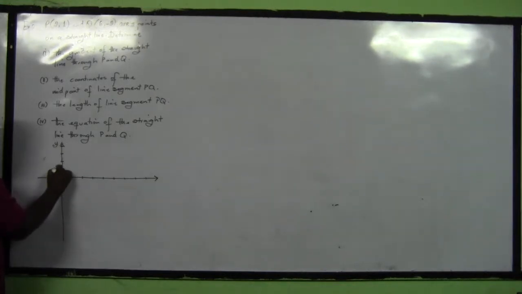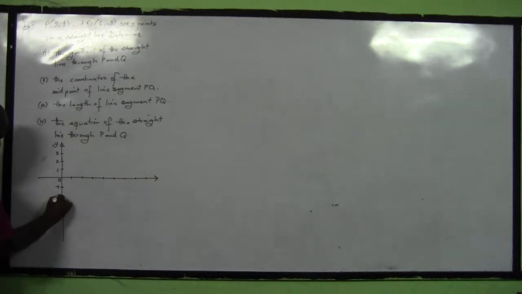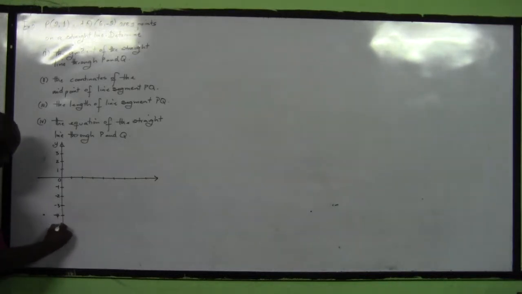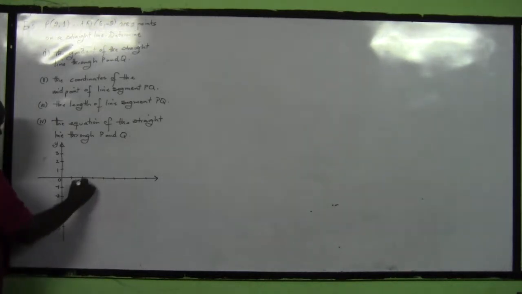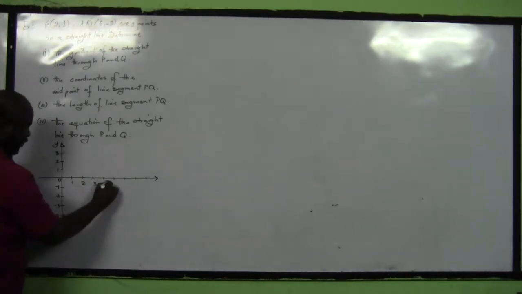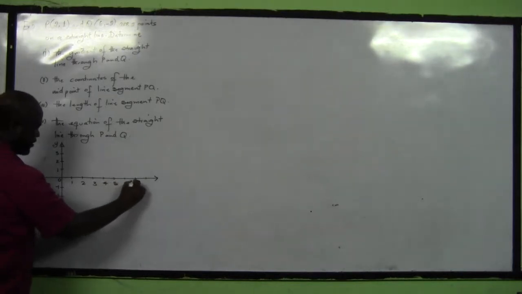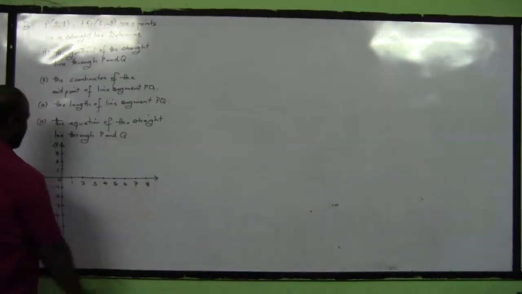Let's hope that this is enough. 1, 2, 3, 0, minus 1, minus 2, minus 3, minus 4, minus 5. 1, 2, 3, 4, 5, 6, 7, 8.